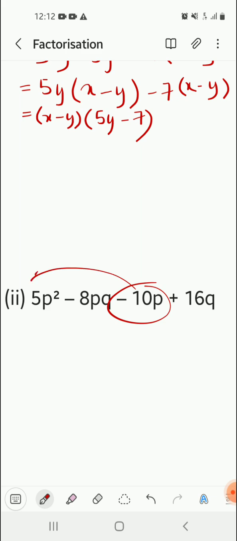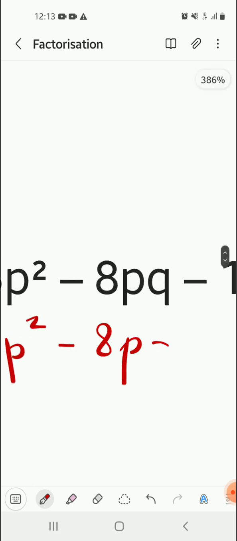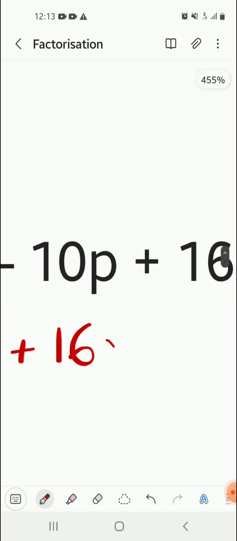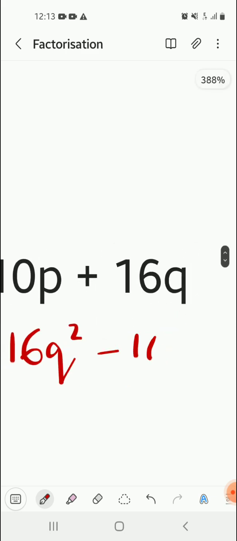place this minus 10p close to 5p square because here see, p and p is common. And here q and q is common. Otherwise, it will become difficult. So first rearrange it. We are going to write 5p square minus 8pq. And then we are going to write plus 16q square minus 10p.